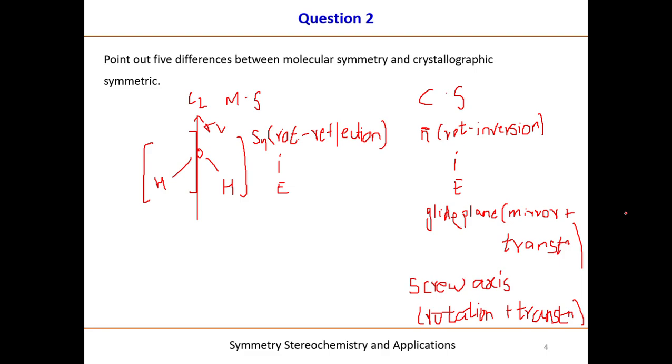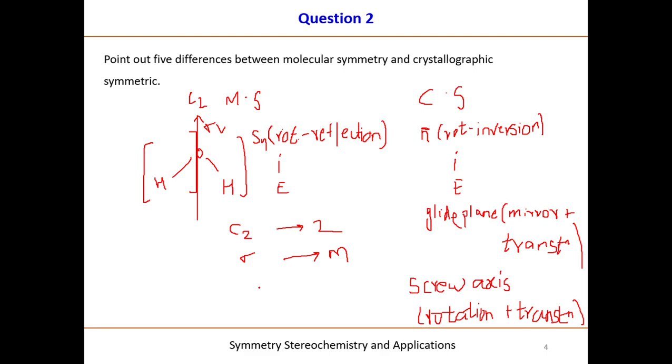In molecular symmetry, we denote the rotation axis by C2, while in crystallographic symmetry, it is denoted by 2 only, directly 2. In molecular symmetry, the plane of symmetry is denoted by sigma, while in crystallographic symmetry, it is denoted by M, the mirror plane.